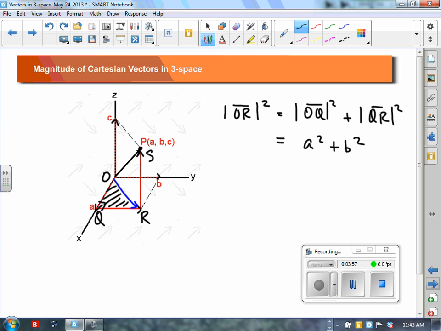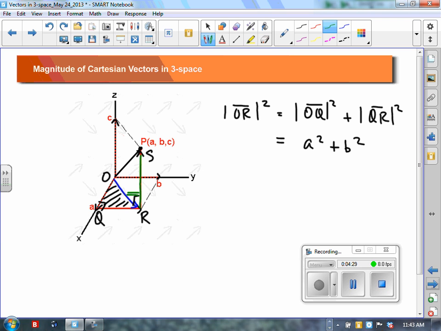Now we move on and take the magnitude of that vector, and recognize that again we have a right angle here between the blue vector and the vector that has been translated, the upright vector from the origin. We're going to use it along with this vector here to calculate the magnitude of the vector OP.